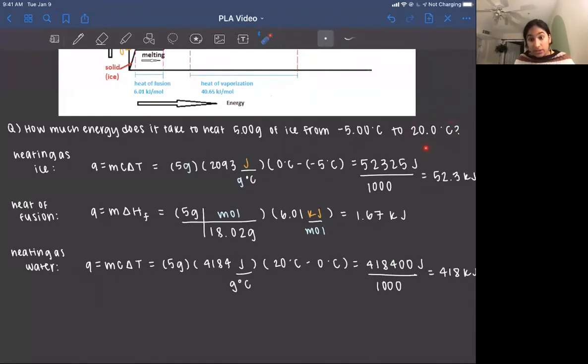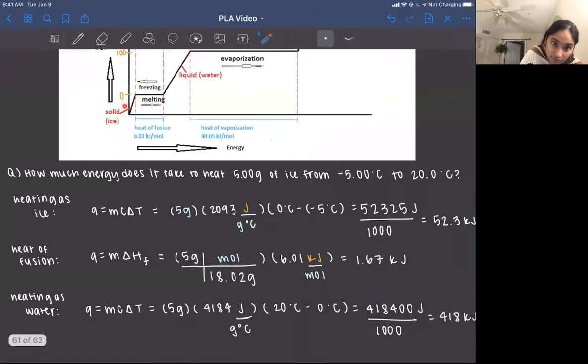Now, if we have ice at 20 degrees Celsius, that means it's liquid at 20 degrees Celsius. And there's 3 components to this question. First, we have the heating as ice, which we can see in this part of the phase change diagram. Then we have the heat of fusion, which is the actual melting of that ice over here. Then we have the heating as water for it to get to 20 degrees Celsius.